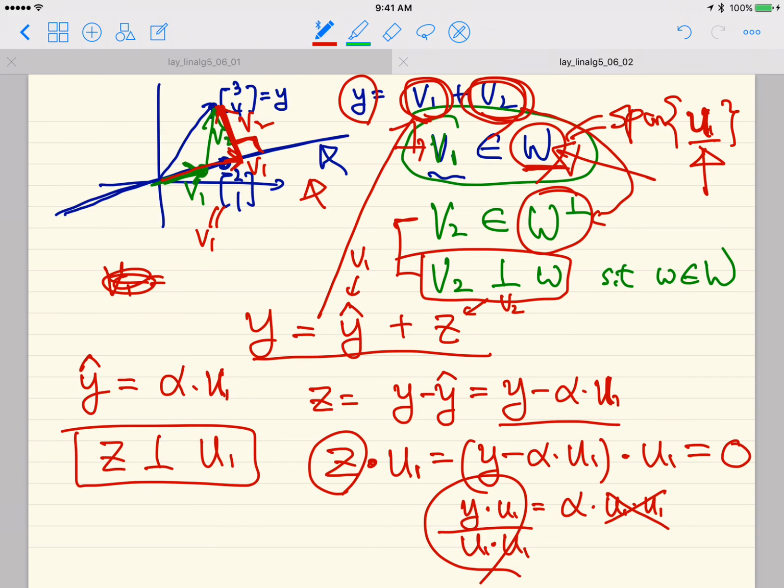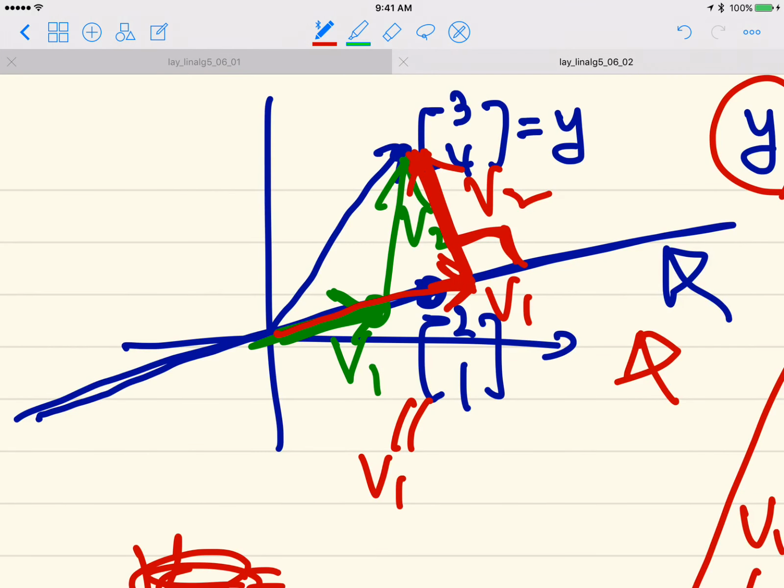And in this case, the geometric understanding is again this. You want to decompose this vector as one belonging to your subspace and then the other having the 90-degree angle.